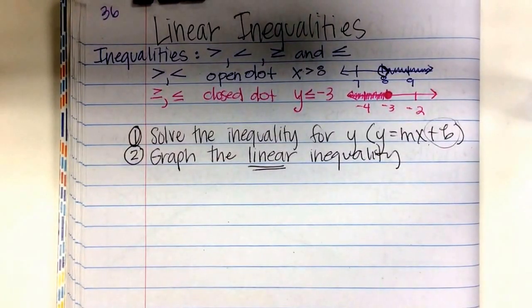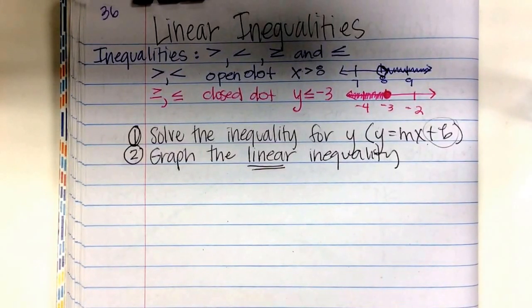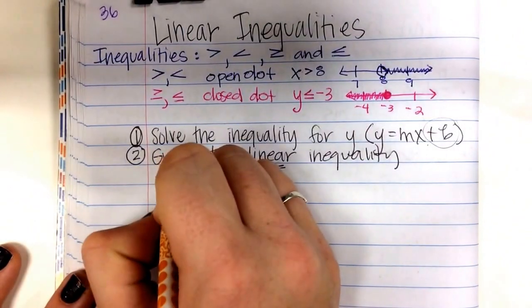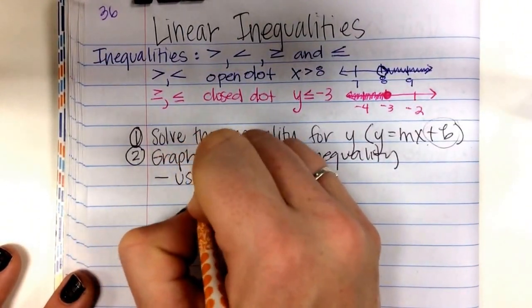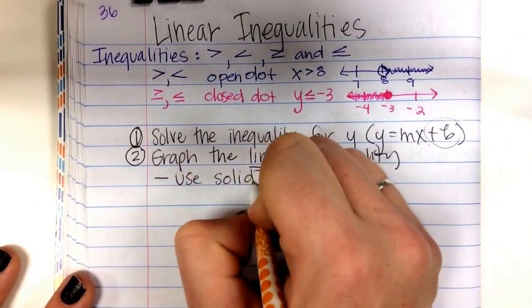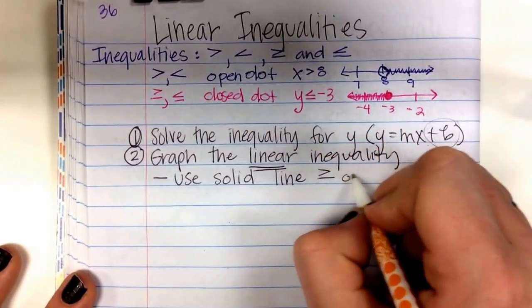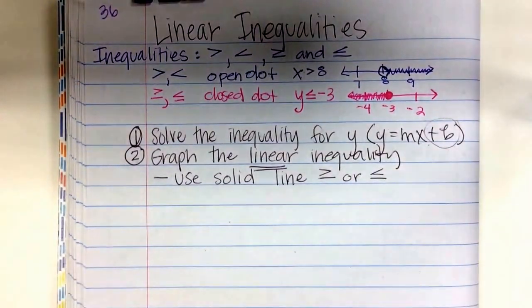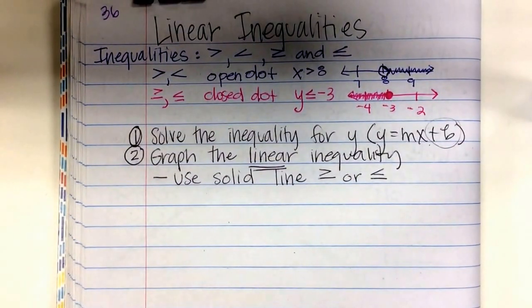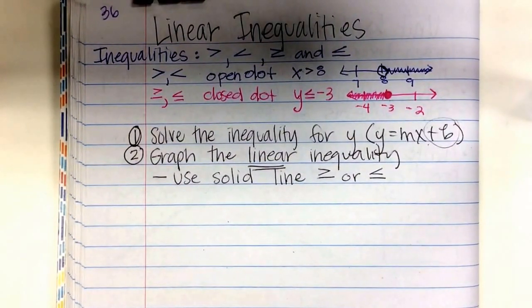Then from that dot, you count the slope. But there's a change. You use a solid line for greater than or equal to or less than or equal to. So if it has that equal bar, you connect the dots and make a line.